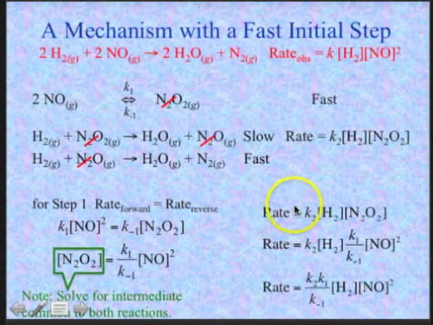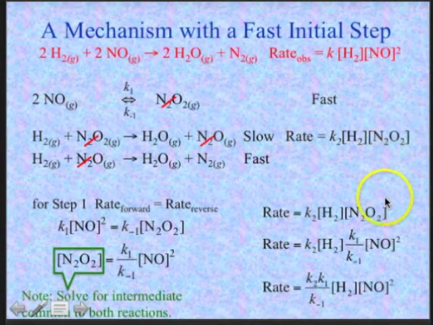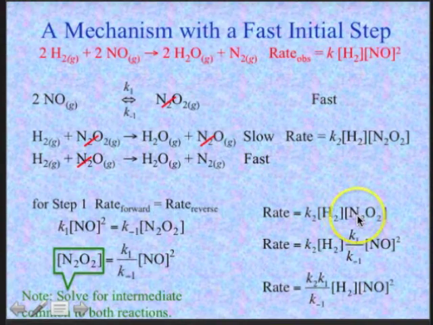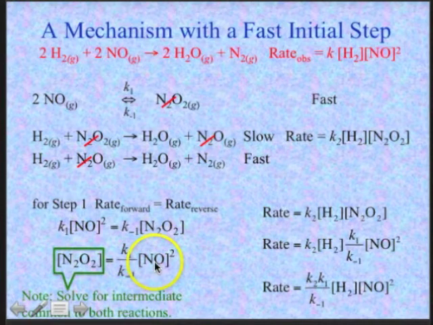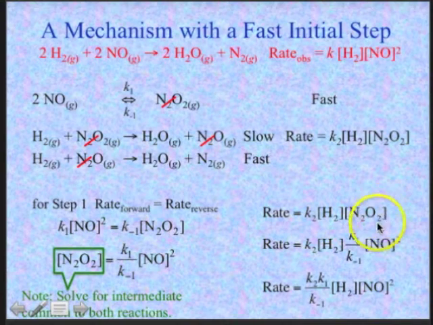Now, for the slow step, we have this reaction, and as you see, we have the intermediate in that rate law, and what we're going to do is substitute this equivalency for the N2O2 because that's an intermediate and it's not going to stick around. So we'll just take this and substitute it for the N2O2, and what we'll end up with is this.